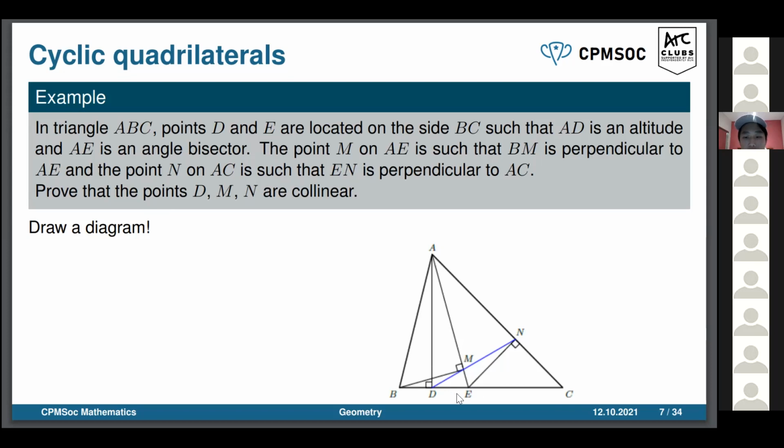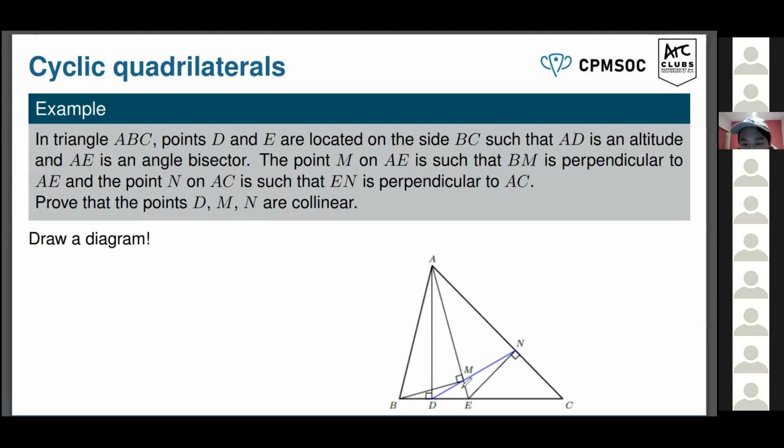So what we want to prove is the blue line, that D, M, N are collinear, which means that they're on the same line. Now, it might be a bit hard to prove that 3 points are collinear, so we can change that into proving something else. There are multiple ways to prove that points are collinear.